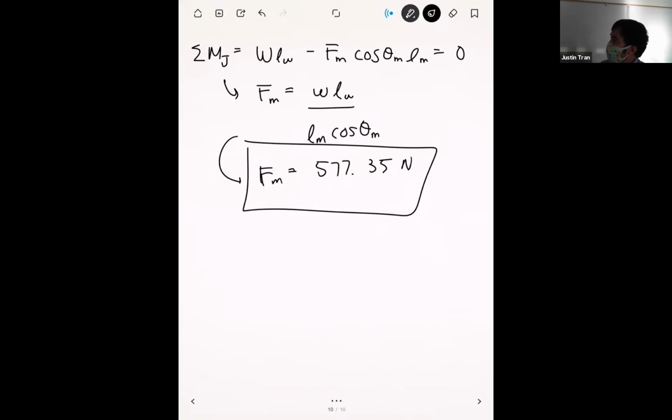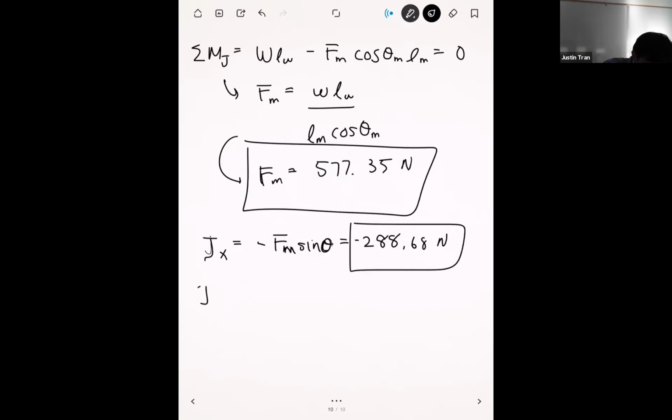Just like we've seen in all our examples, you can see the muscle force is much higher than the force of the external load, and that's only because of the attachment. Finally, we can solve for the joint reaction forces. Jx is equal to minus FM sine theta, which equals minus 288.68 newtons.